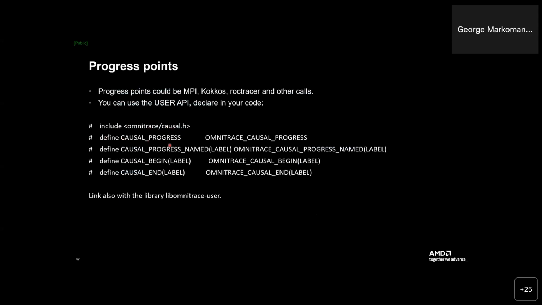You can define this macro, which basically calls Omnitrace causal progress, causal progress named, Omnitrace causal progress named, causal beginning, causal end, with a label. This way you can begin and end some causal regions, etc. You can control it so it's not really huge also.